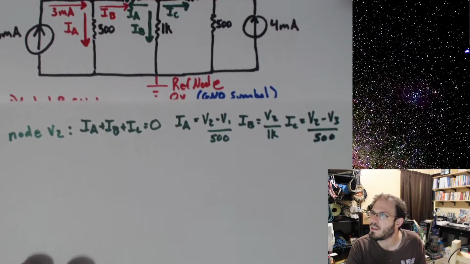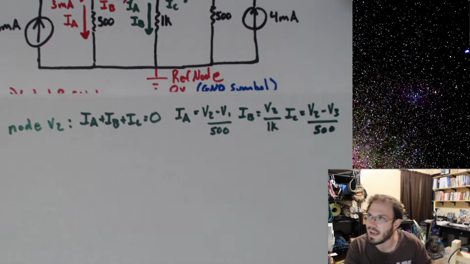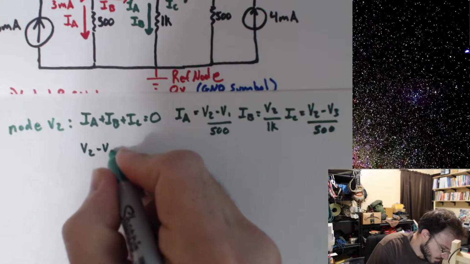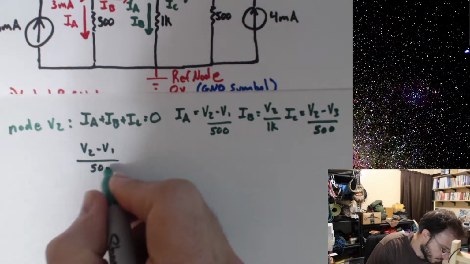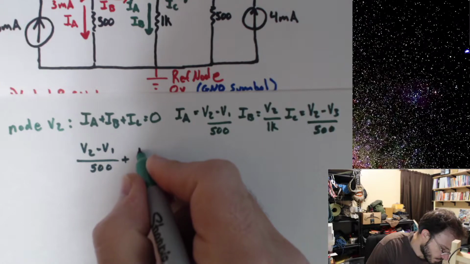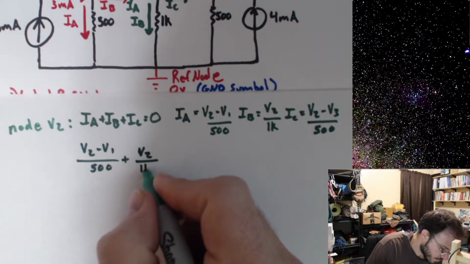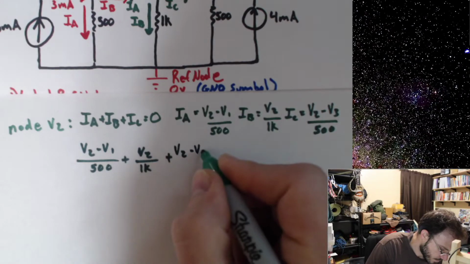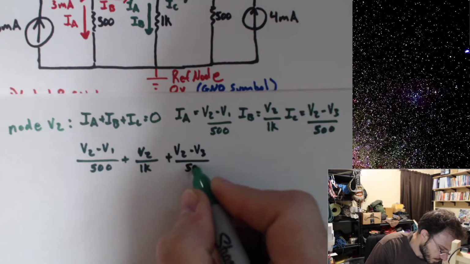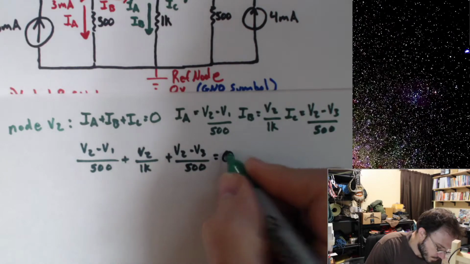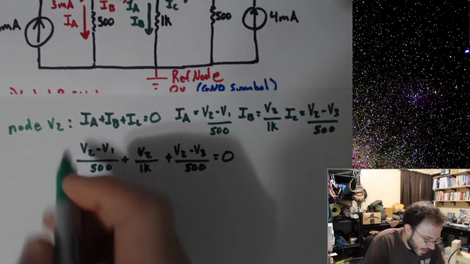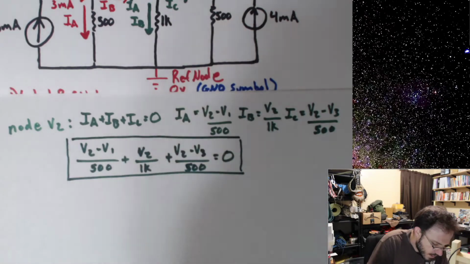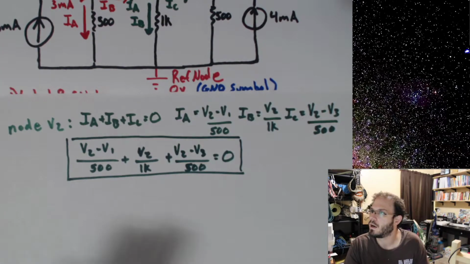All right, let's plug those back into our equation and we'll get our second equation. And all of that's equal to 0. So now I have my second equation over there. Perfect.